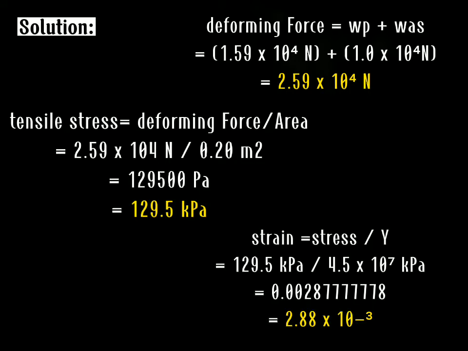The Young's modulus for granite is equal to 4.5 times 10 to the power of 10 Pa, which is equal to 4.5 times 10 to the power of 7 kPa. Therefore, the compressive strain at this position is equal to stress over the Young's modulus for granite, which is 129.5 kPa divided by 4.5 times 10 to the power of 7 kPa.